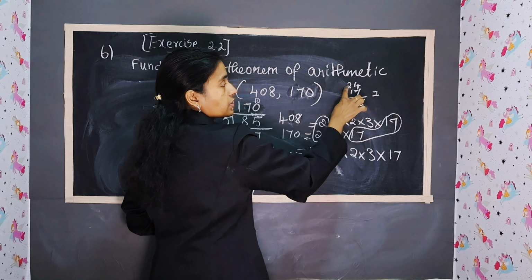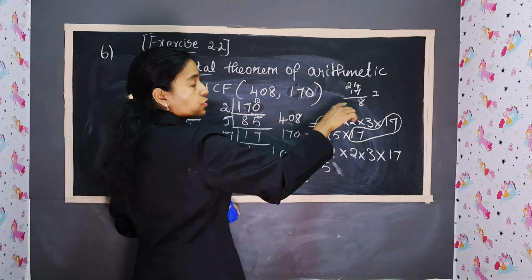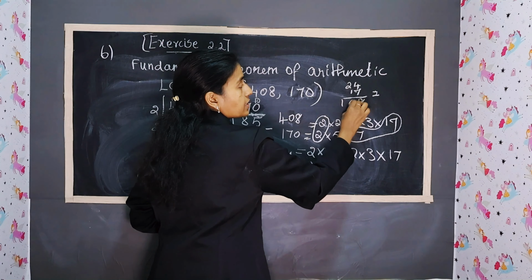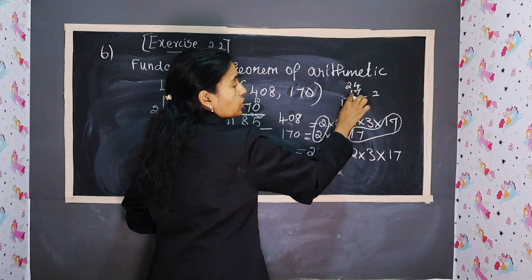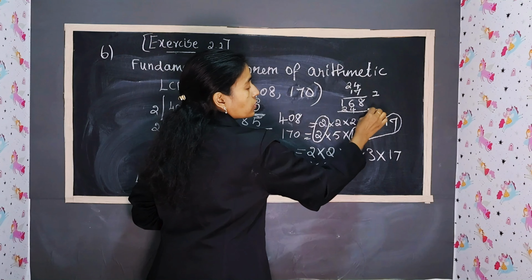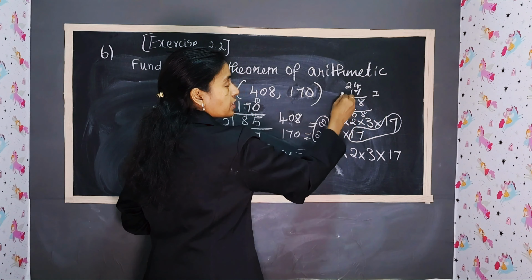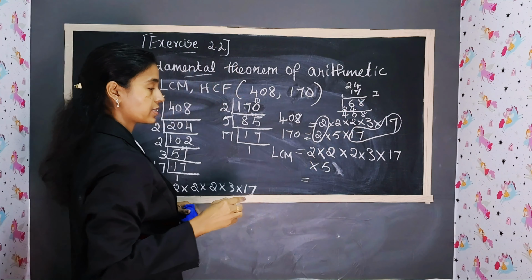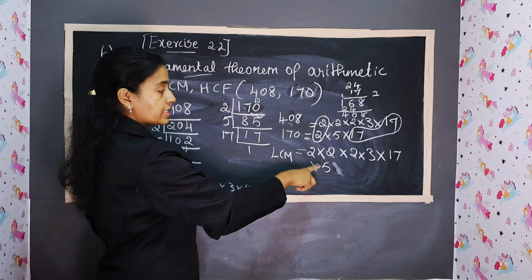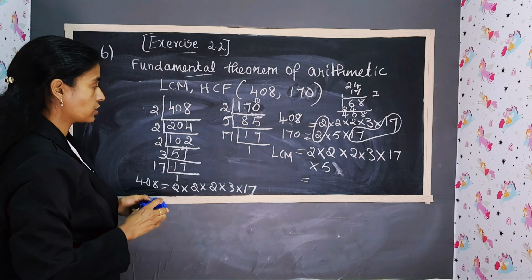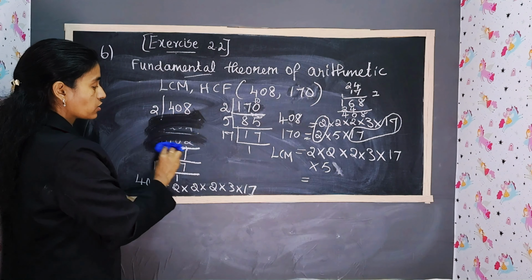Remaining 2. 7 into 2, 14. 14 plus 2, 16. 1 4 is 4. 1 2 is 2. 408, right? Then 408 into 5. How much? 408 into 5.